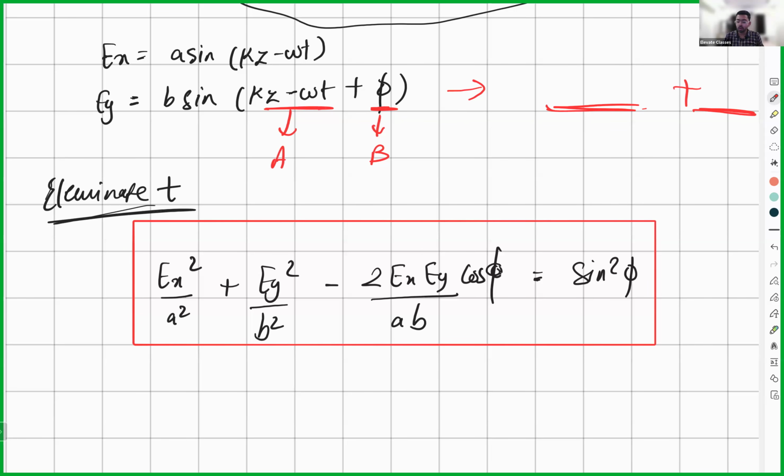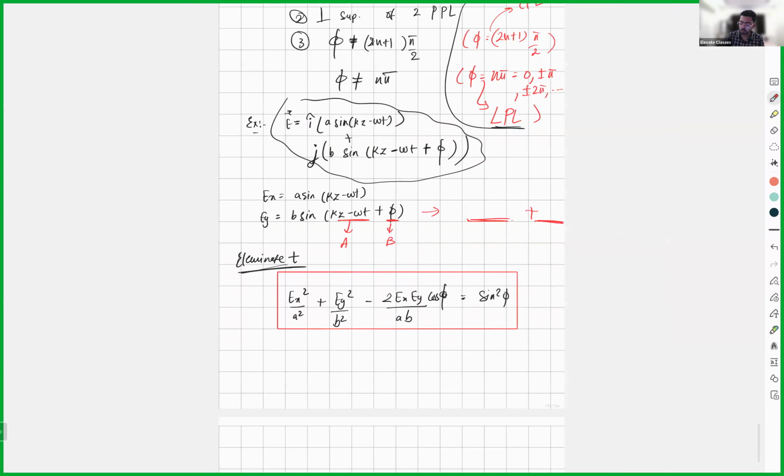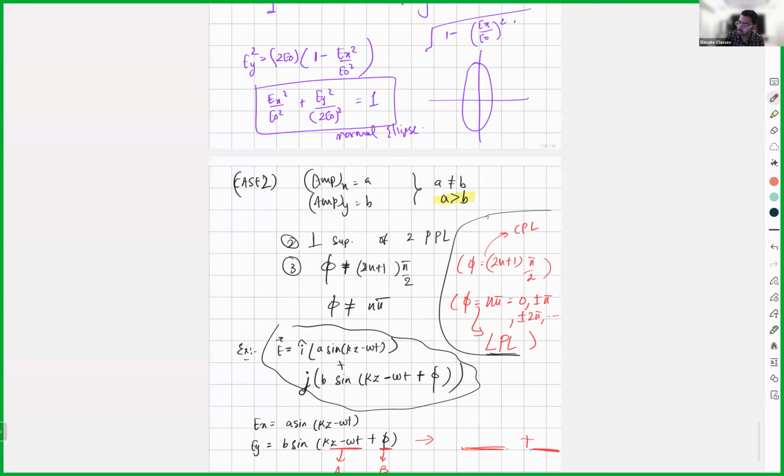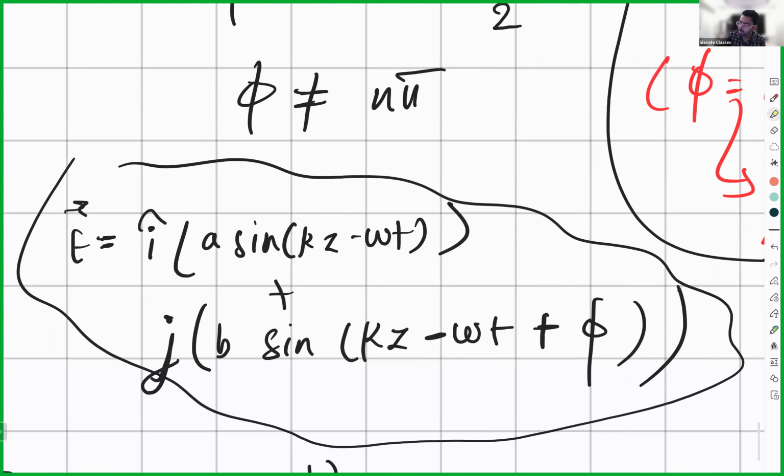Now you see here also we are doing same frequency superposition, omega and omega. So the two plane polarized lights do not have different frequencies. You don't have omega and 2 omega, for example.